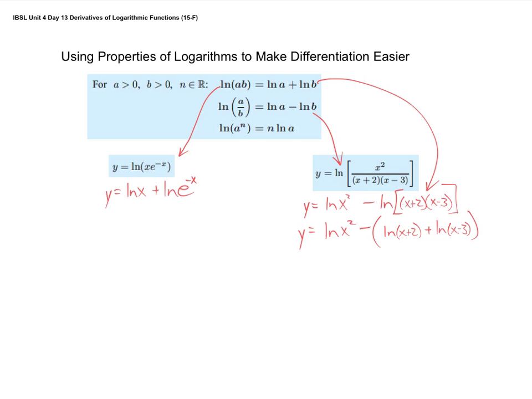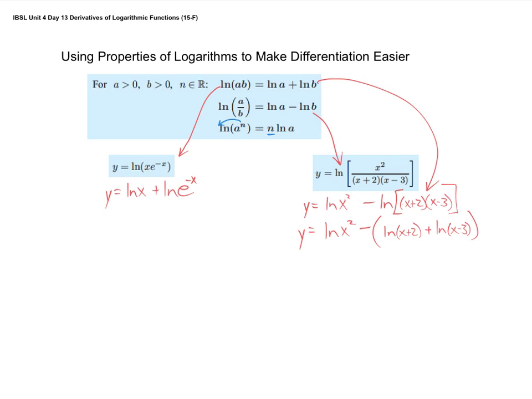Okay? Now watch this. We have here another rule, and that is the ln of something to a power, we can pull that exponent out as the coefficient of the natural log.